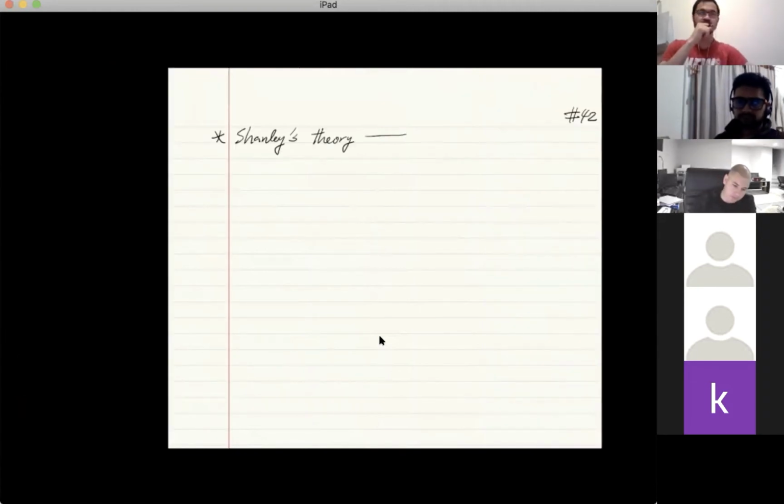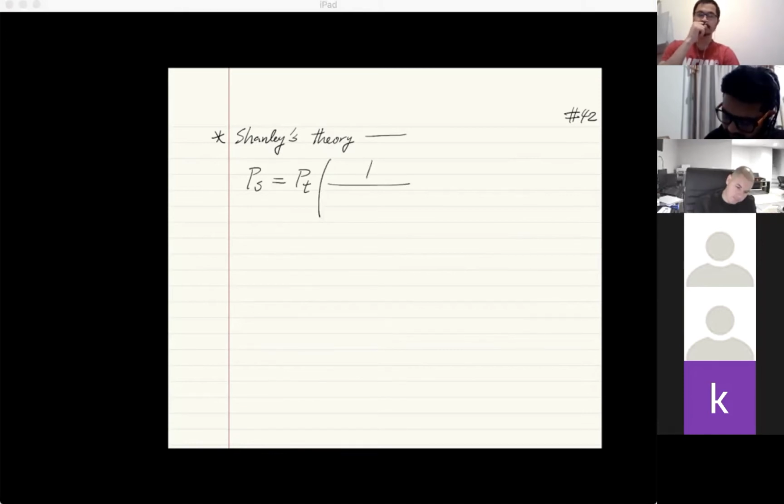From Shanley's theory, we predict this: PS equals PT times one plus 1 over B over 2D plus 1 plus tau divided by 1 minus tau.